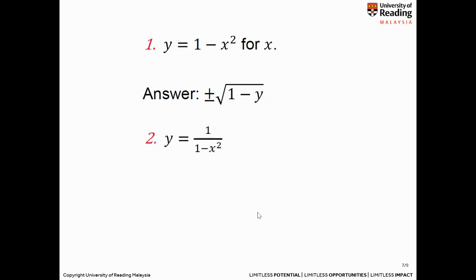Next question. y equal to 1 over 1 minus x squared. Make x the subject. Let's check your answer. Do you get plus or minus square root 1 minus 1 over y? Some of you may write the answer as y minus 1 as the whole numerator over a single denominator y. All these answers are equivalent.